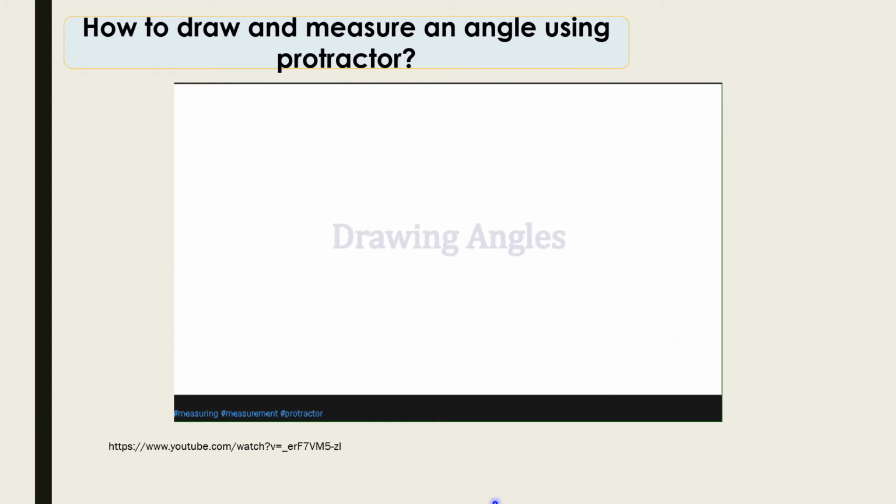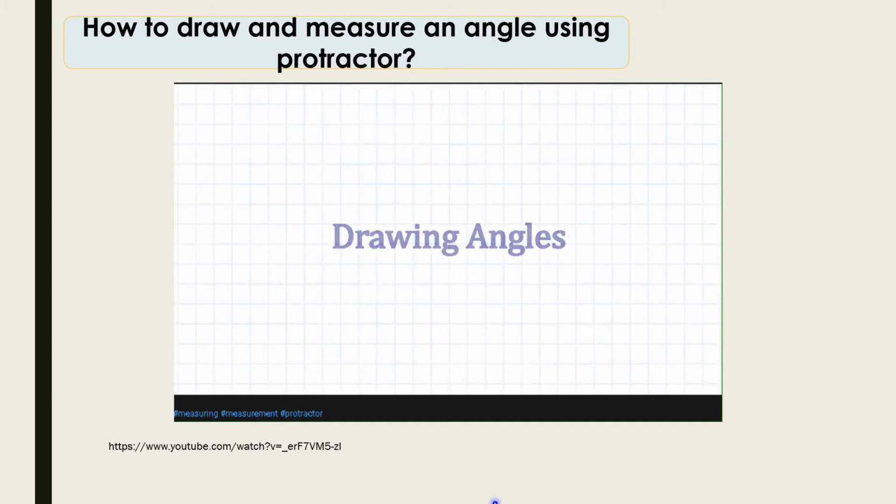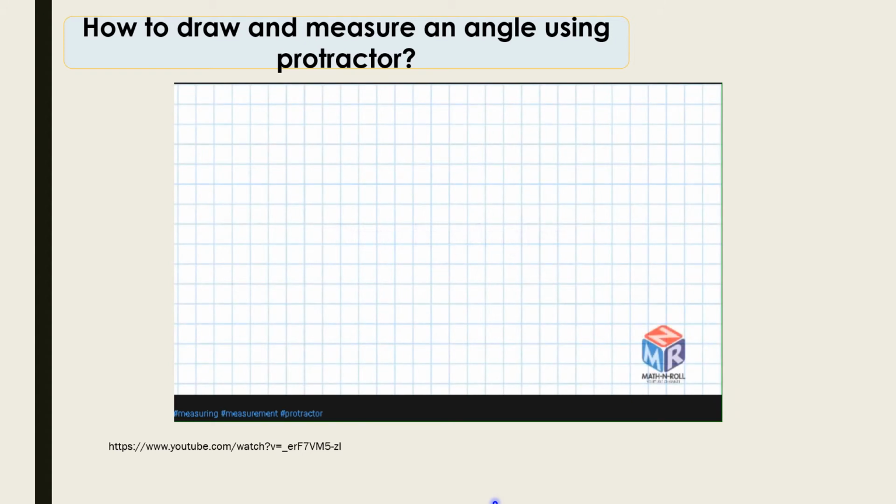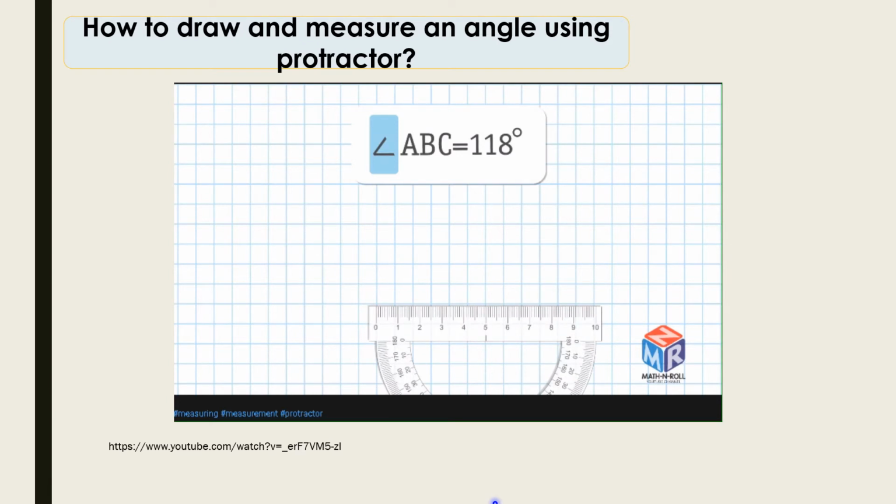Drawing angles. We can also use a protractor to draw an angle with a known measurement. For example, you need to draw angle ABC with a measure of 118 degrees. Use the straight edge of the protractor to draw a line. Mark the points B and C on it.